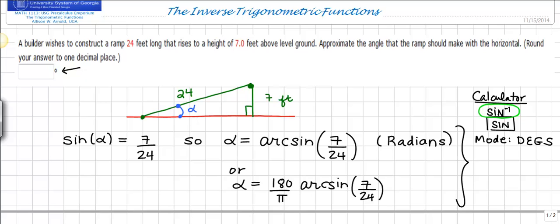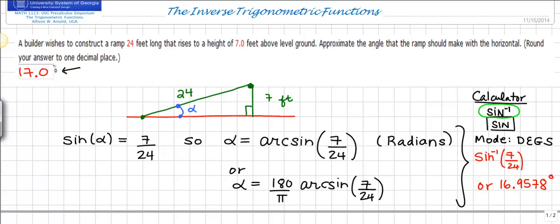And then you would calculate sine inverse of 7/24 and obtain the angle is 16.9578 degrees, or rounded to 1 decimal place, in this case would be 17 degrees.